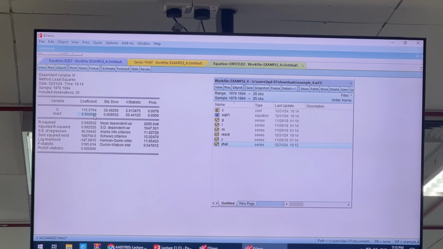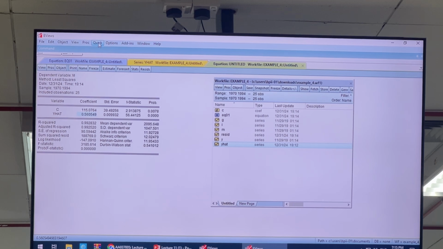In EViews, you do not need to do the two steps because it allows us to get the estimate directly. That can be done if you estimate using two-stage least squares.